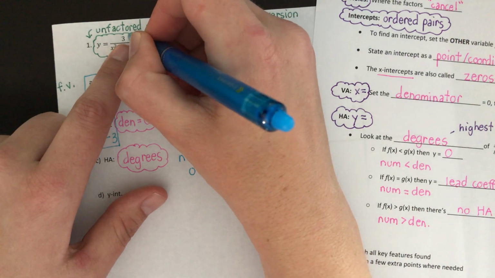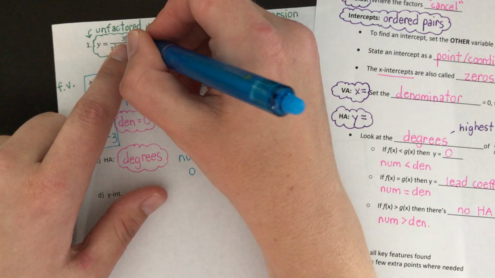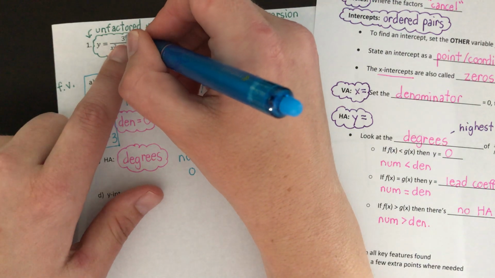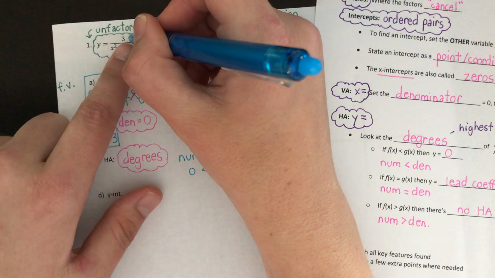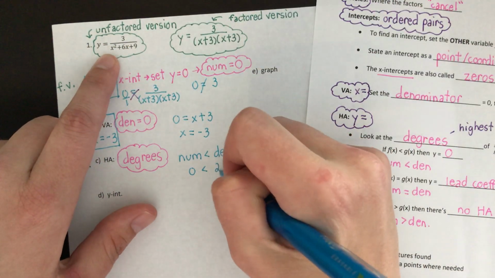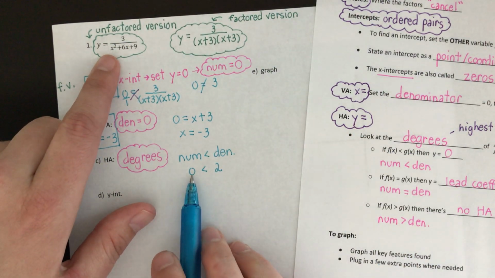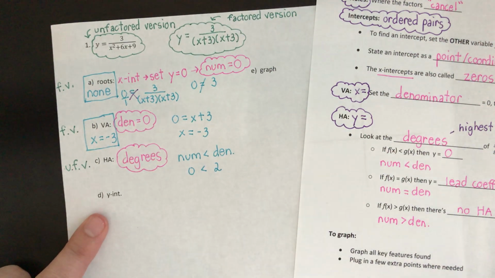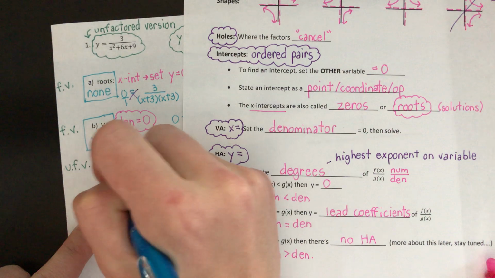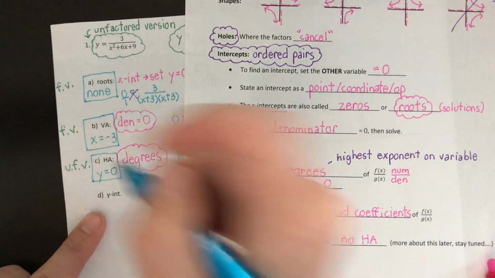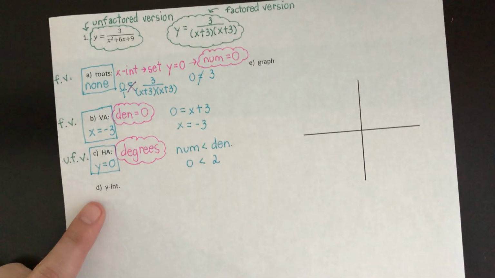You can imagine there's an x to the 0 there because, hello, what is anything to the 0 power? 1, and what's 3 times 1? Well, that's 3. So you can imagine x to the 0 there, so the degree would be 0. The degree in the denominator is 2, so therefore 0 is less than 2. That's a true statement. So what happens? Then you have a HA at y equals 0. I know this is a lot, but hopefully you'll start to get the hang of it.